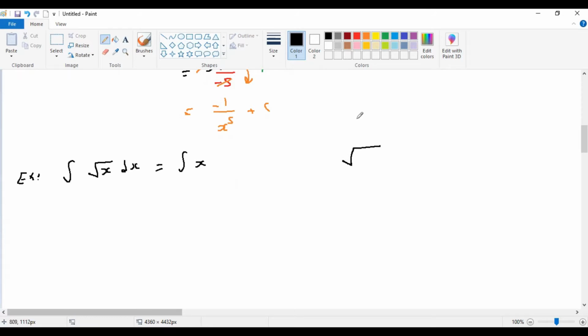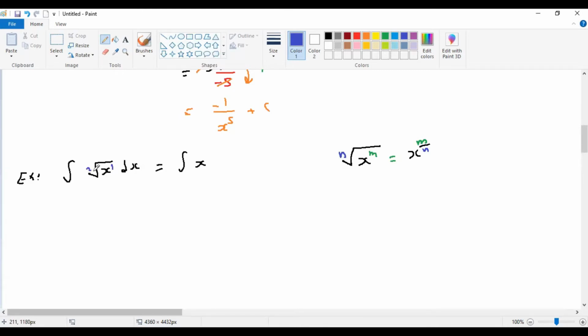I have a radical, the nth root of x to the power m, converted to a rational exponent, is x to the power m over n. So now, what is the m? I have no number, I mean 1. What is the n?